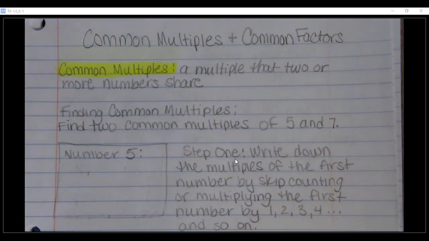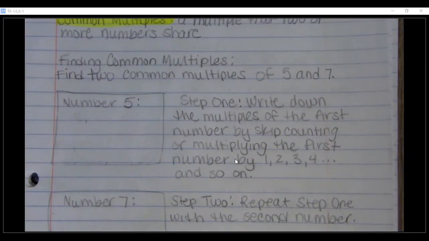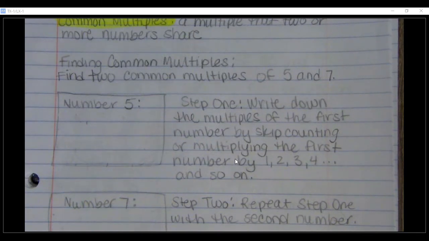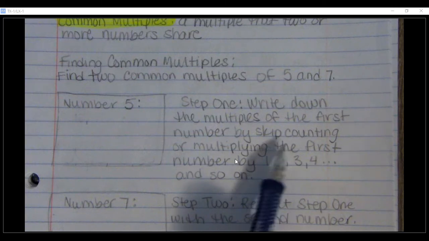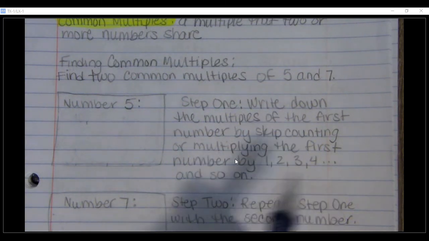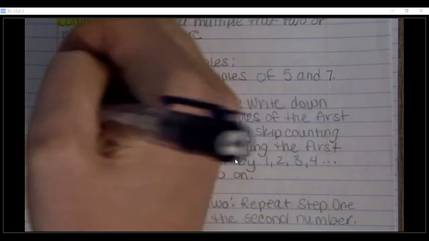So to find multiples, what we need to do is take our number, and then we're going to either skip count. So it says right here, either write down the multiples of the first number by skip counting or multiplying the first number by 1, 2, 3, 4, and so on. So for example, 5 is something that might be easy for us to skip count. So I'm just going to skip count.